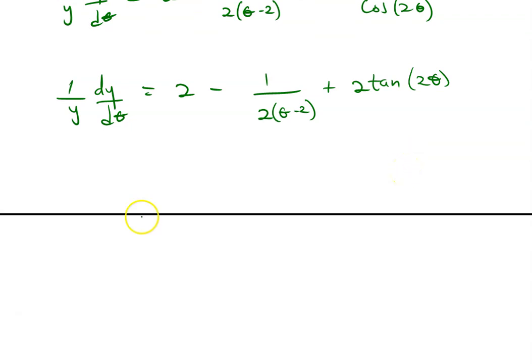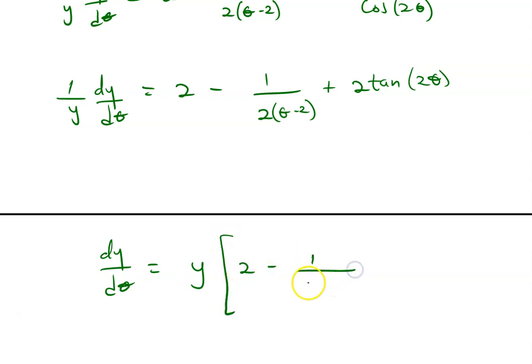Okay, now we can proceed. We bring the y to this side by cross multiplication. We get dy on d theta equals y into brackets 2 minus 1 on 2 into bracket theta minus 2, plus 2 tan 2 theta.